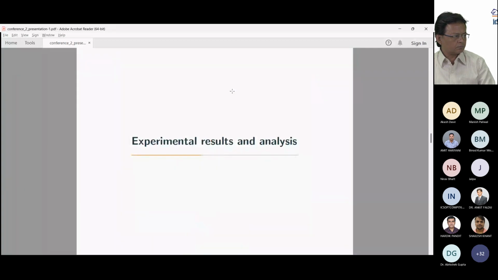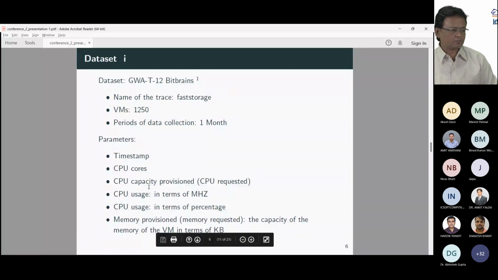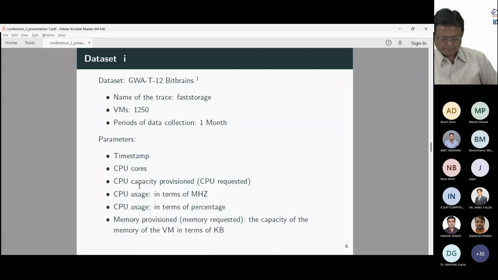In order to evaluate this model, we have taken the BitBrains dataset. The BitBrains dataset consists of data of 1250 VMs, and the data is collected for 1 month. The parameters which are collected are timestamp, total CPU cores, CPU utilization in usage, and utilization in percentage as well as in megahertz.